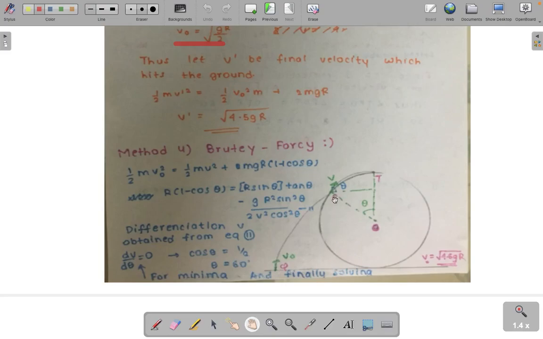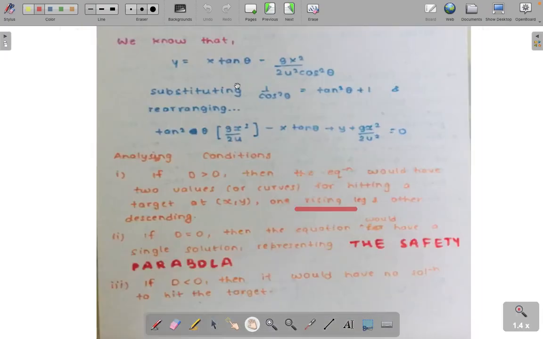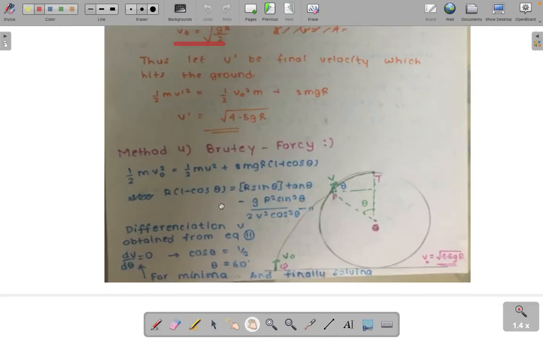The second equation comes from the equation y equals x tan theta minus g x square by 2 u square cos square theta, which is this equation. So using this equation we get this, and it is not very tough to formulate this out.